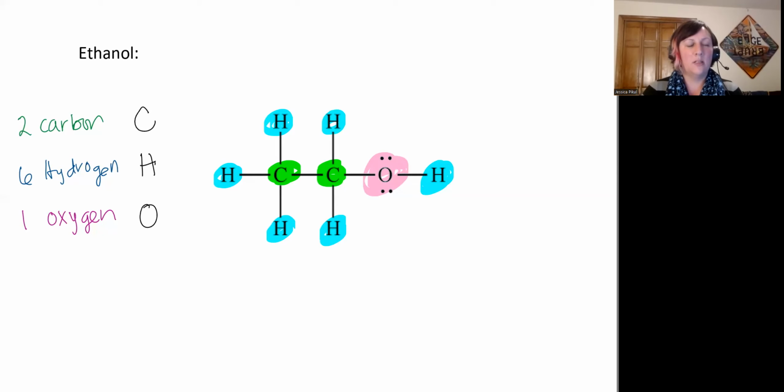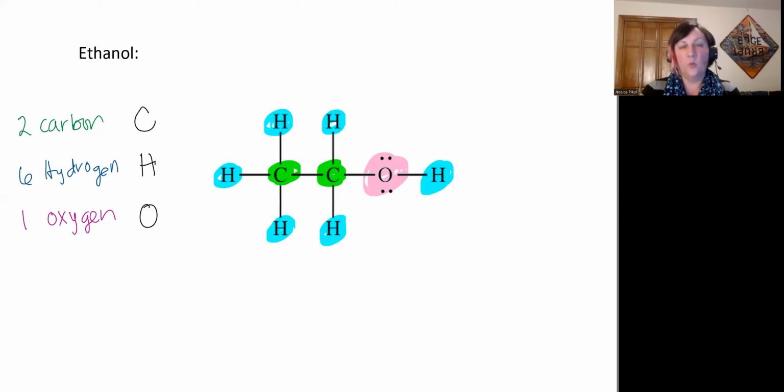We'll get into other ones where that's not the case, especially lower down in the periodic table, where we have to get more creative about names. For example, tungsten's chemical symbol is W.